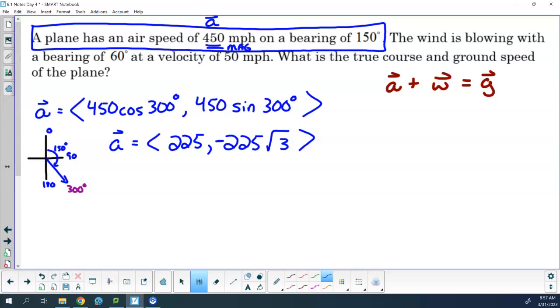This one's an E word, exact, and this one's an R word, rounded. Keep it exact as long as you can. So that's our vector A.